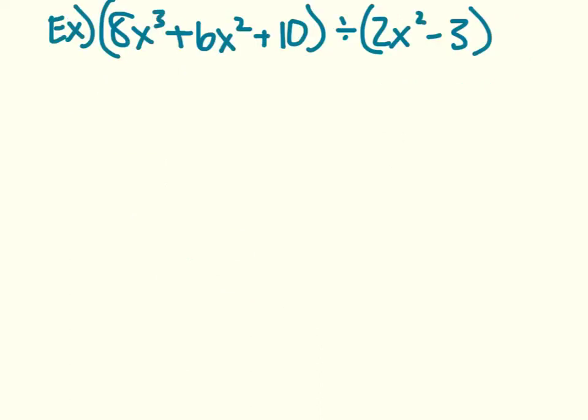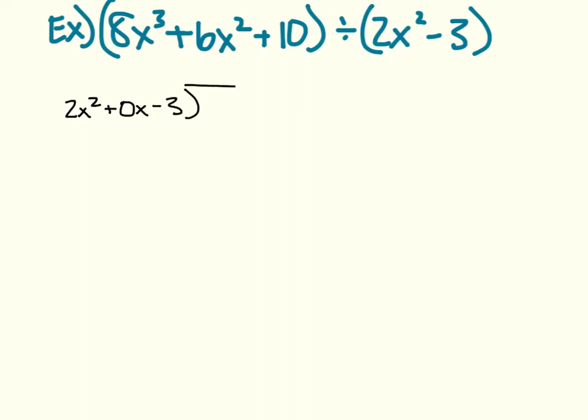Alright, 8x cubed plus 6x squared plus 10, divided by 2x squared minus 3. Let's see here. 2x squared. How many x's do I have? 0 x's. Then minus 3.